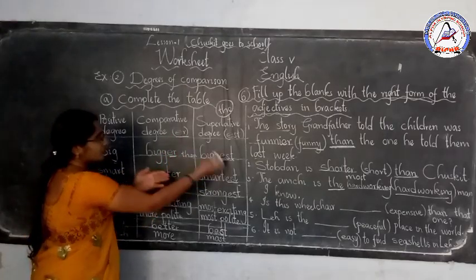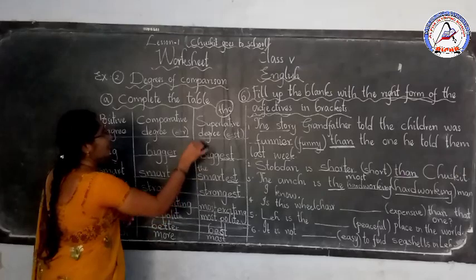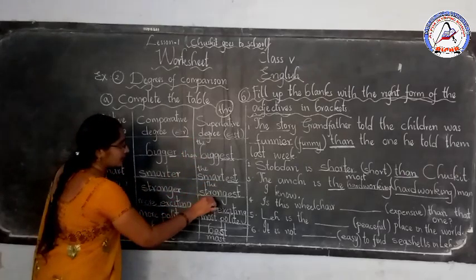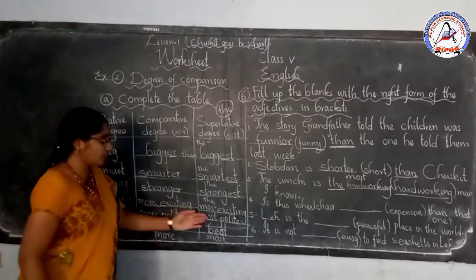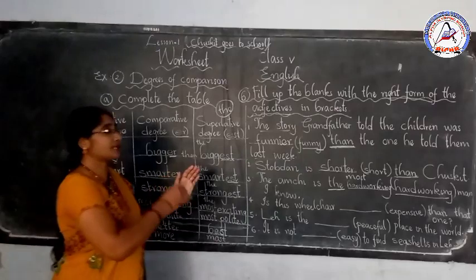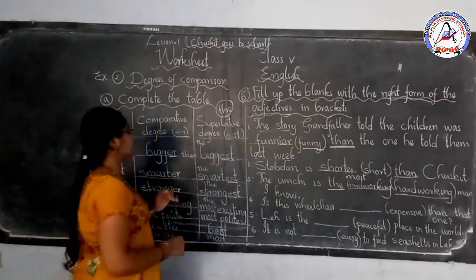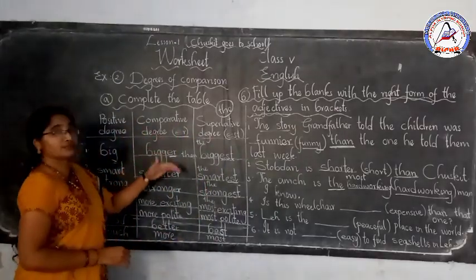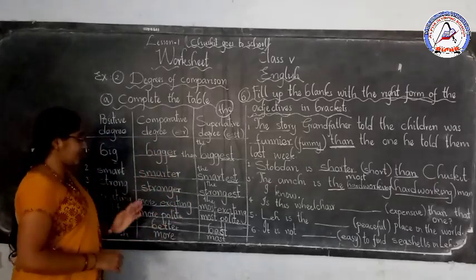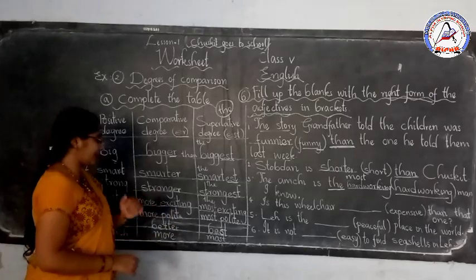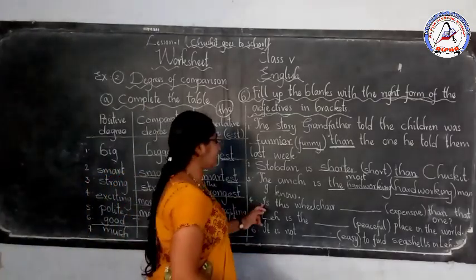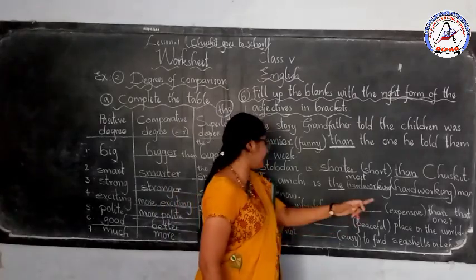Before this you will write the biggest, the smallest, the shortest, the most exciting, the most polite, the best, the most. Okay, so before superlative degree form you have to write the, and after comparative form you have to use than. Smarter than, stronger than, more exciting than, more polite than, more than. Okay, like this than.